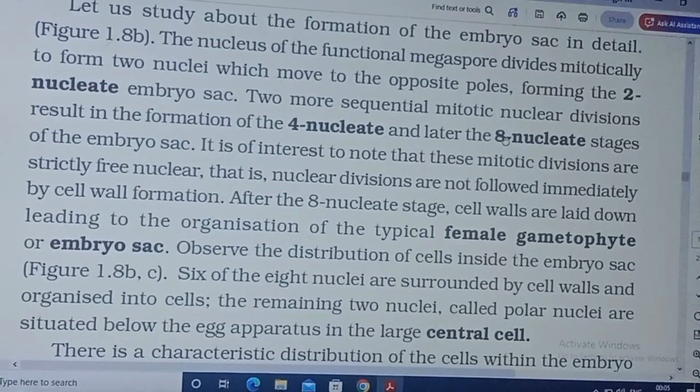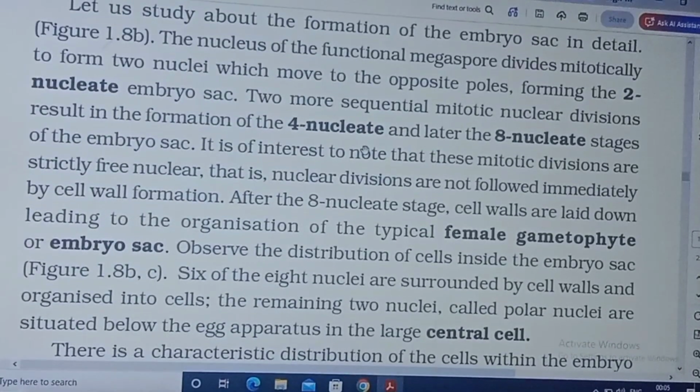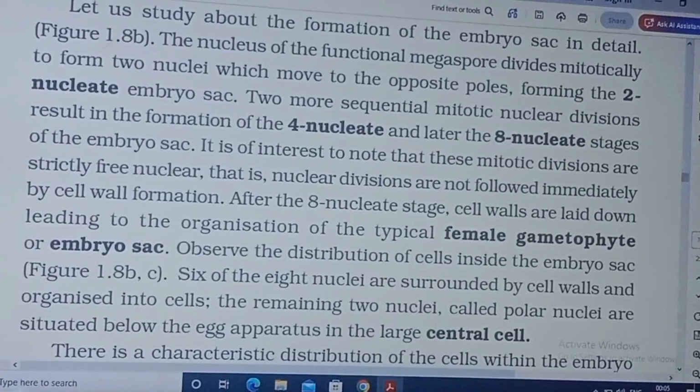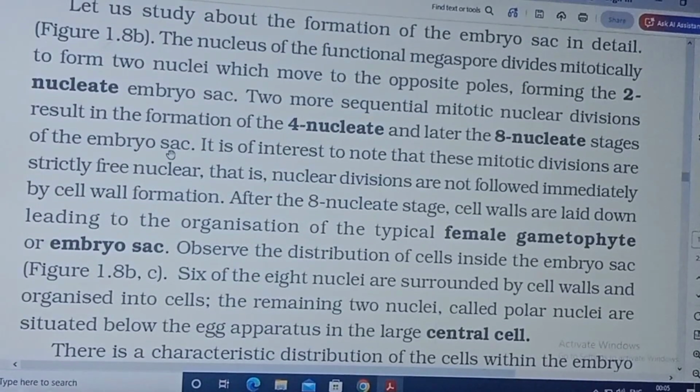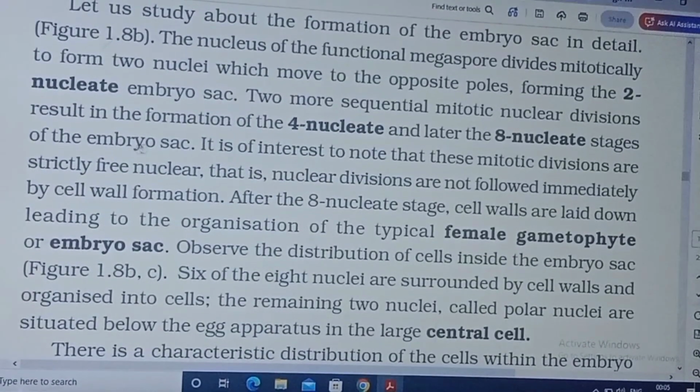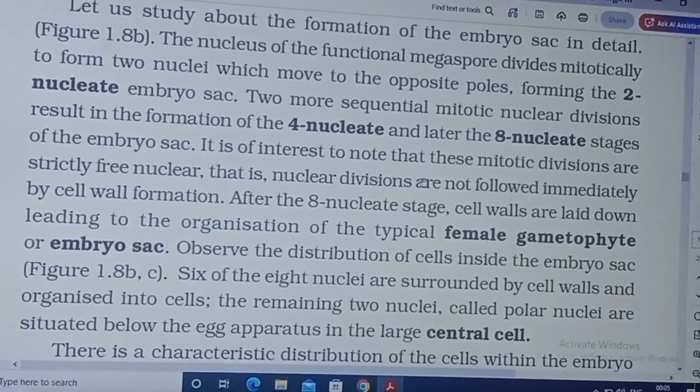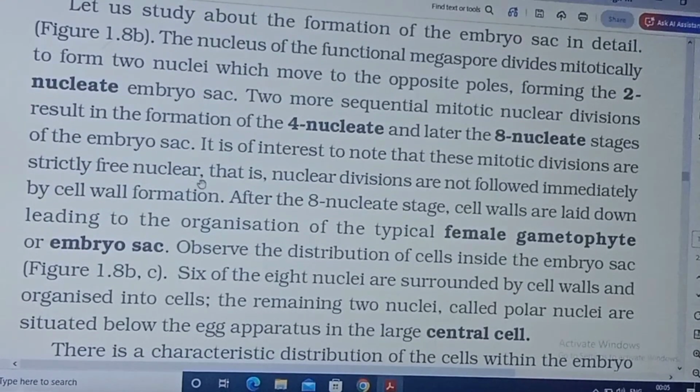Two more sequential mitotic nuclear divisions result in the formation of the four nucleate and later the eight nucleate stage of the embryo sac. It is of interest to note that these mitotic divisions are strictly free-nuclear.